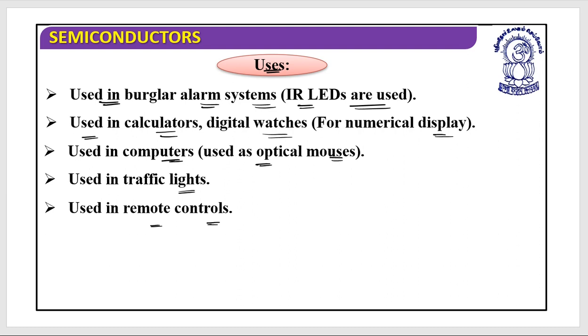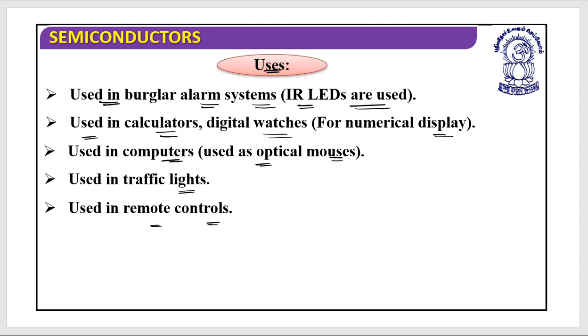LEDs are the most common optoelectronic junction devices, used almost every place, almost every time. Our traffic lights have multiple LEDs, our television sets have a large array of LEDs, and our laptops have LEDs too, because there is a light behind the keyboard, and it has been developed using LEDs.